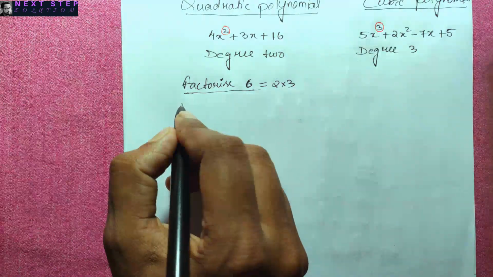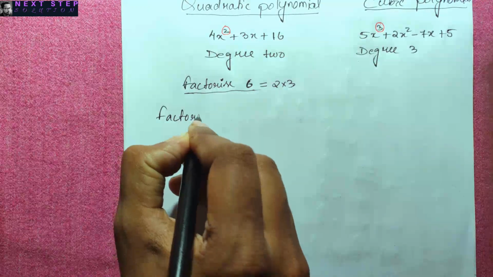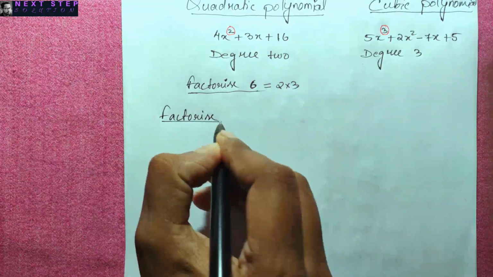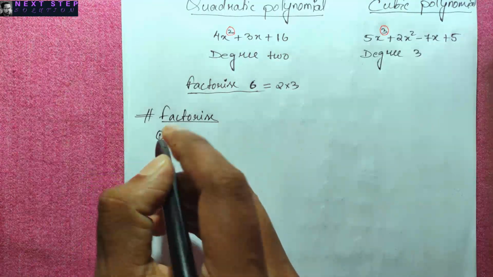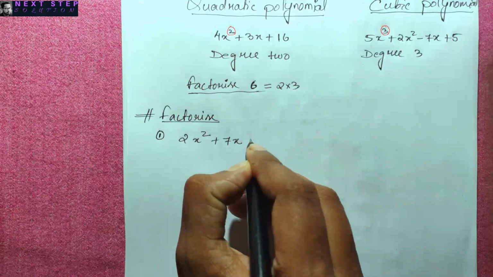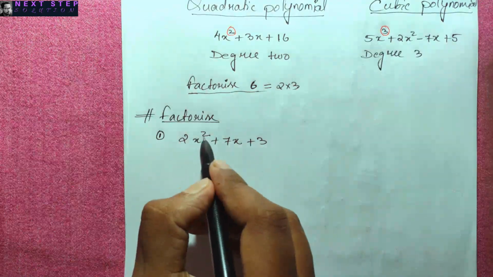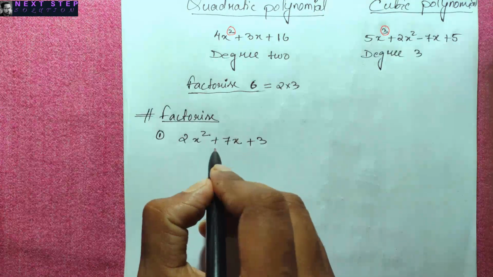Now suppose the question given is, say, factorize 2x square plus 7x plus 3. Suppose this is the question. Now here this is a quadratic polynomial because the degree is 2. What we do here, we find out the middle term.